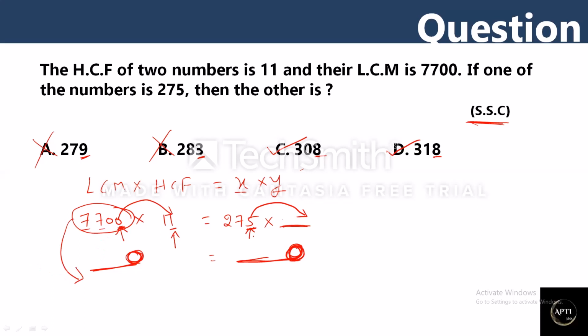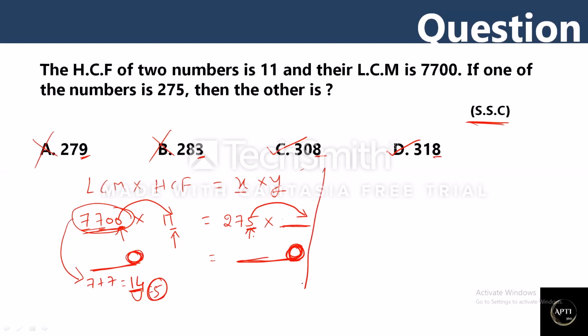We need to add 7 plus 7 plus 0 plus 0. 7 plus 7 is 14. Now 14 is not a digital sum, because it must be a single digit. Again we need to add 1 plus 4. What if I add 1 plus 4? It will be 5, correct? So the digital sum of 7,700 is 5.